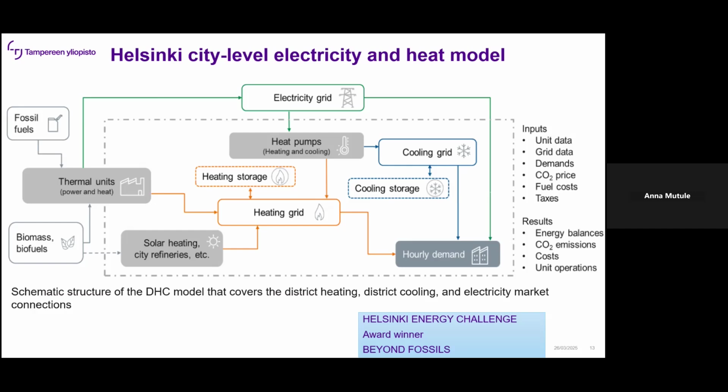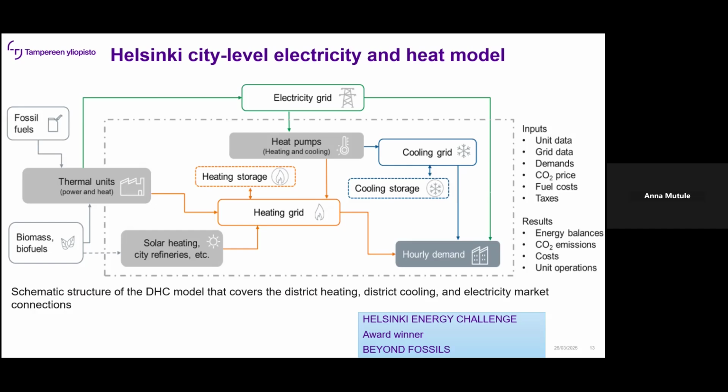This model was at the core of the award-winning Beyond Fossil concept, a flexible, cost-effective energy transition pathway based on clean heating auctions. The idea is to phase out coal by 2029 and reduce life cycle emissions by 80%.